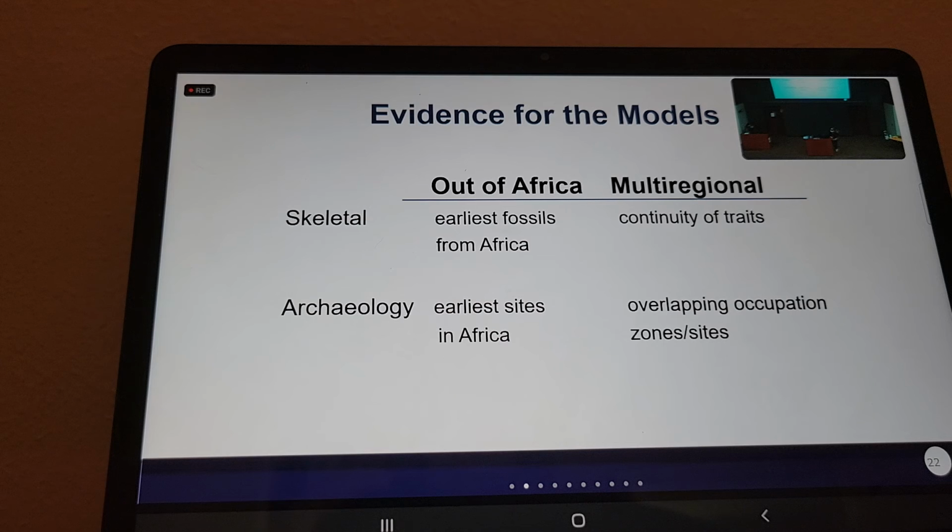Also, the genetic evidence does indicate that Eve, or the first anatomically modern humans, using genetic models to go back, was a woman who lived in a group in East Africa at about 200,000 years ago, and she and her sisters are essentially ancestors to us all. That sort of supports that speciation event in Africa.